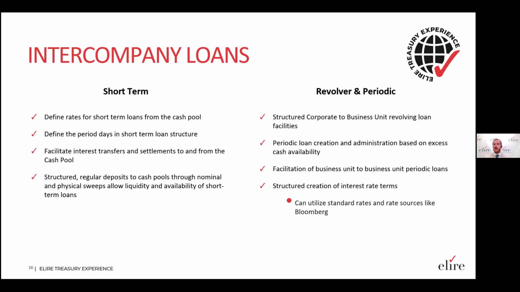The IHB is now telling us directly how well this particular business unit is performing in terms of excess cash or increased debt funding requirements. The periodic loan creation and administration can also be done and facilitated through the same exact system that we're talking about. So you get this automated flow of information from somebody who's maybe set up for short term, and then we need to shift that to a longer-term intercompany periodic loan or even a revolving credit facility.